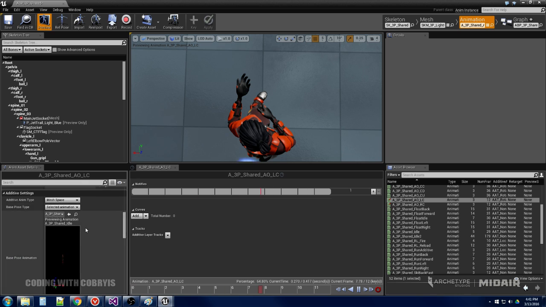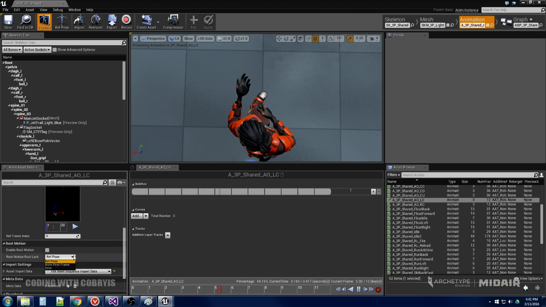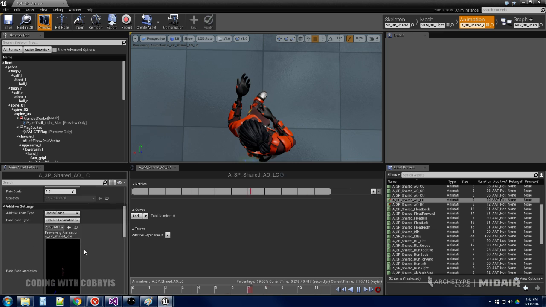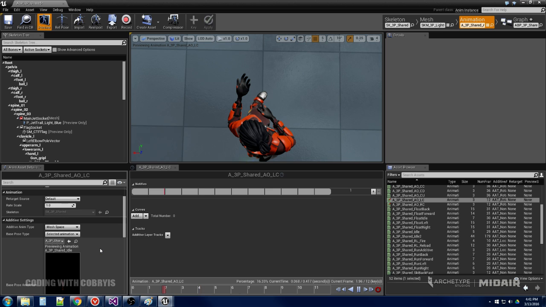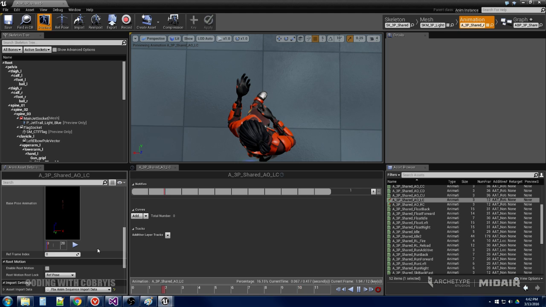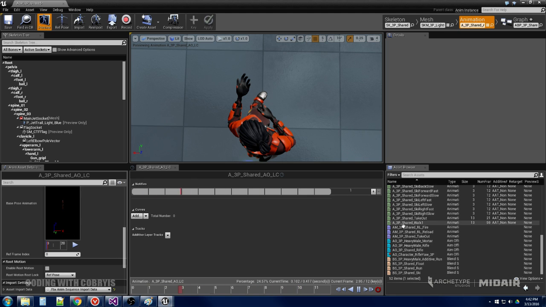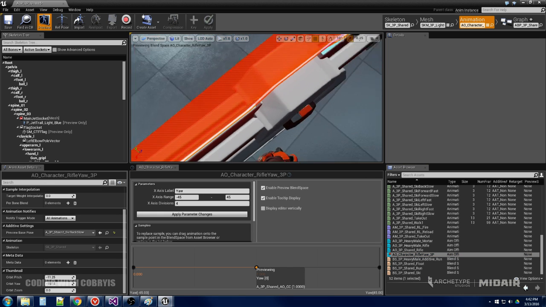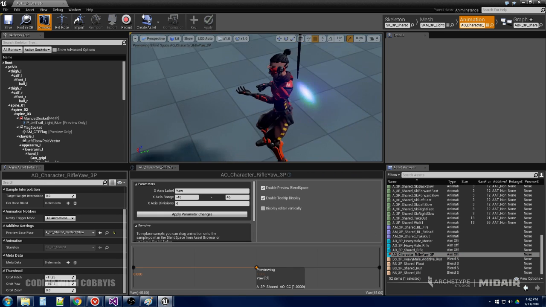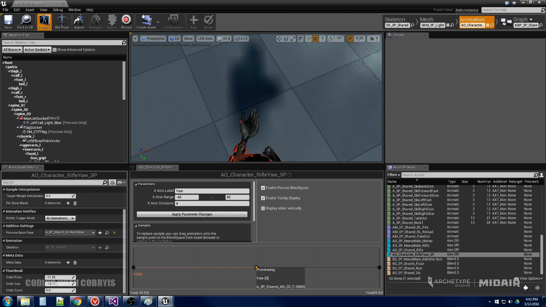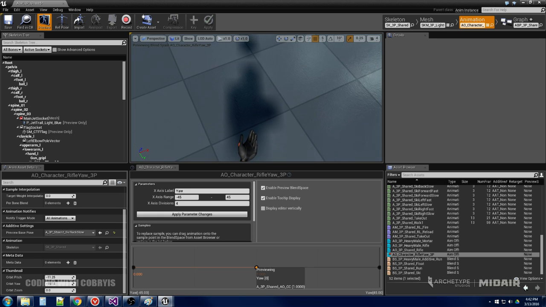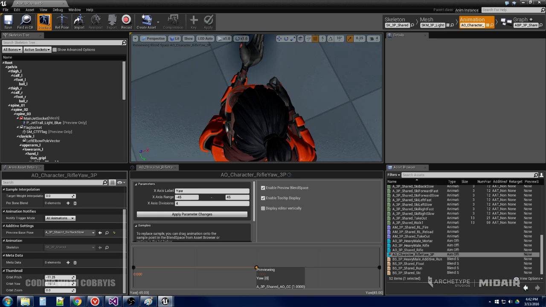The problem is probably once I set it to be, where do I set the reference? Can't show it here. I had to show it in the blend space. Okay, right now we're using ski back slow. Let's see how these look.